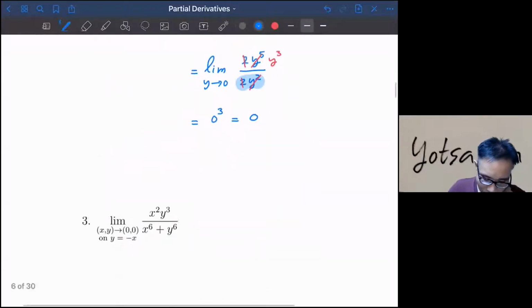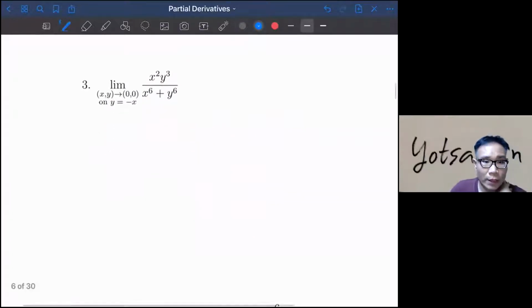Okay, so the third one, you have the limit as x, y go to 0, 0 on y equal to negative x. So for this one, the condition is y equal to negative x. And you're going to just plug in y equal to negative x into the y's here, so you have y on top and y on the bottom.